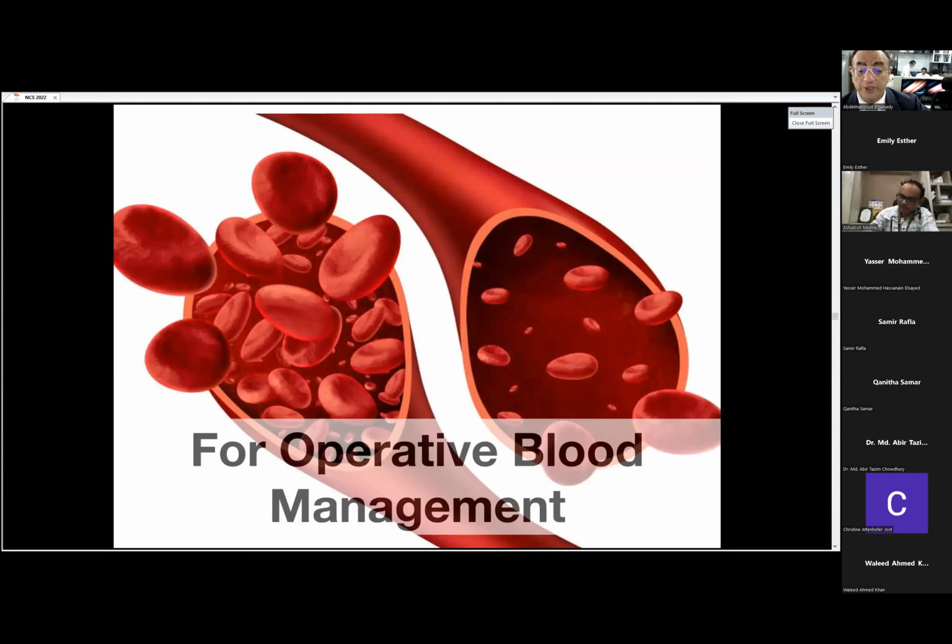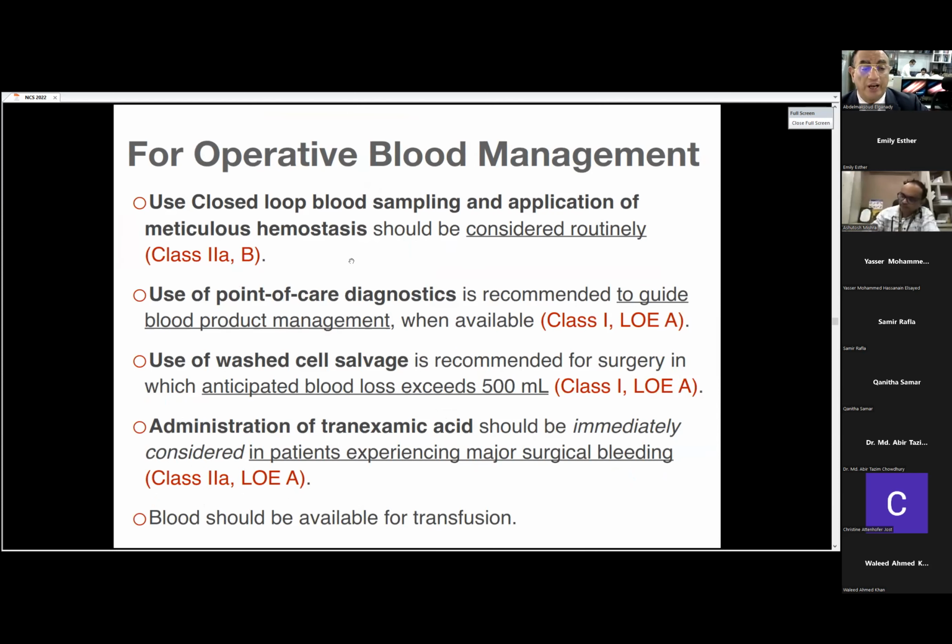For blood management, this is very important, mainly intraoperatively. You have to use closed loop blood sampling and use point of care diagnostic testing inside the OR. And here also the blood saver, I mean use of washed cell salvage, I mean autotransfusion.